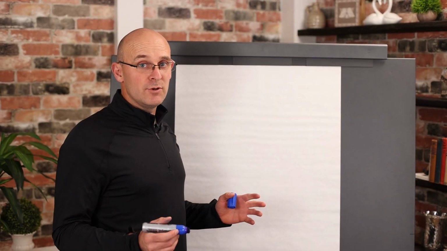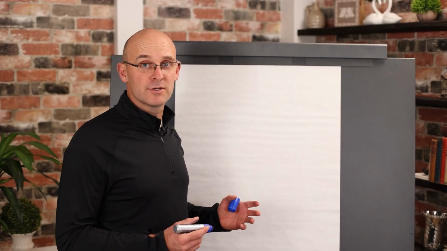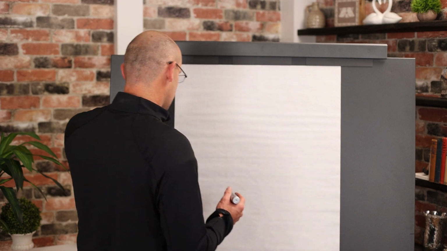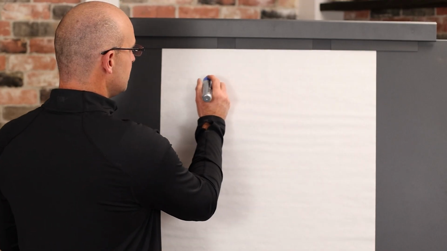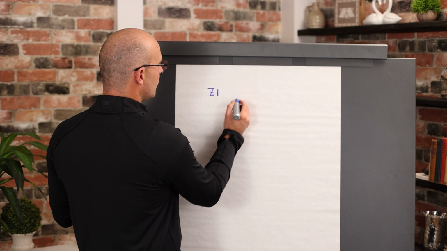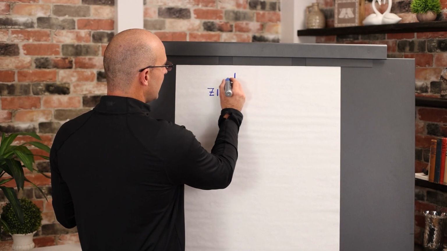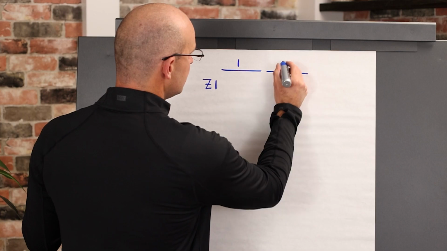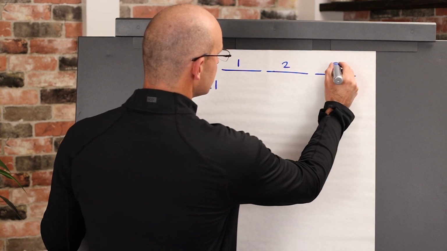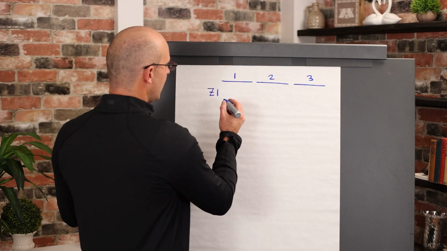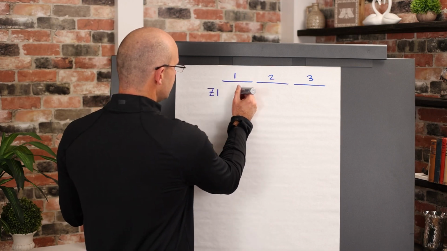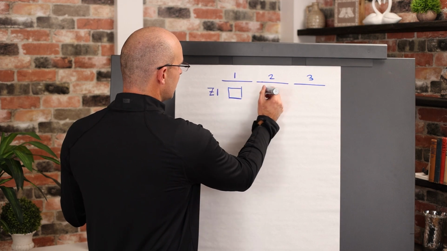Now, let me just leave you with a couple of tidbits that help you to understand why it works so well, okay? So let's say that we have a sequence, and this is represented by zone 1, and let's say we have 1 takt time, which means it's a duration, 2 takt times, 3 takt times up here at the top, right? And you have certain activities, or what are called takt wagons, right?